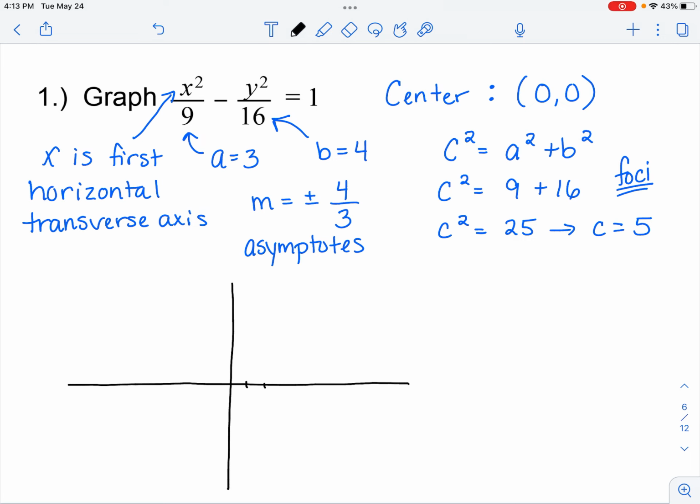So I'm going to go 1, 2, 3, 4, 5, 6, 7, 8, 9. 1, 2, 3, 4, 5, 6, 7, 8, negative 9. 1, 2, 3, 4, 5, 6, 7. 1, 2, 3, 4, 5, 6, negative 7. Okay, now I'm going a little bit bigger than what's really necessary for this particular graph, but better to go too big than too small.